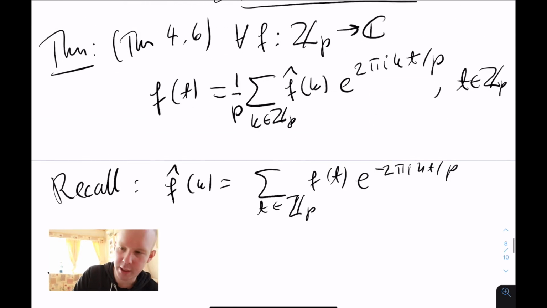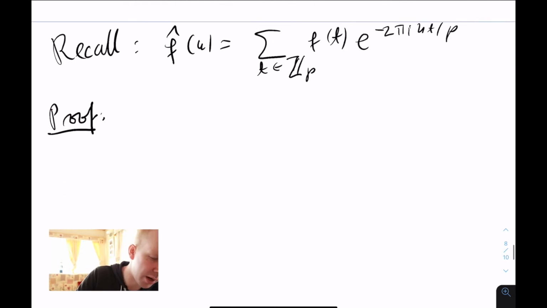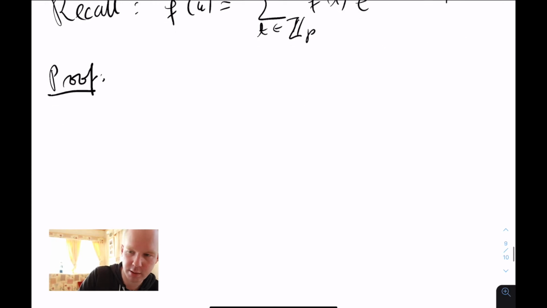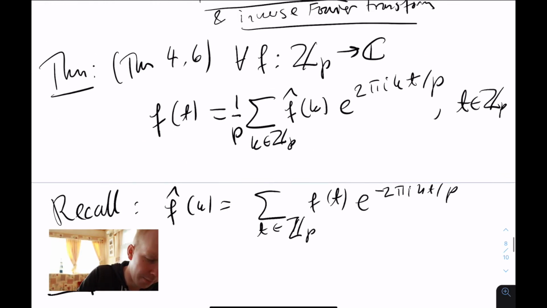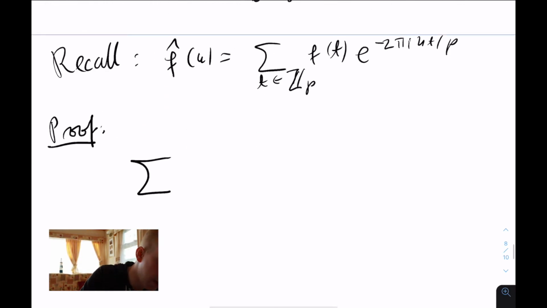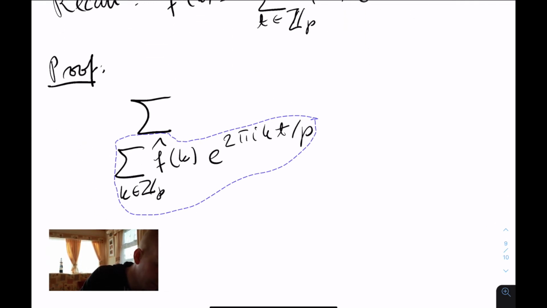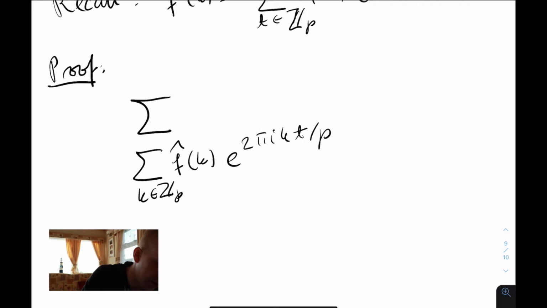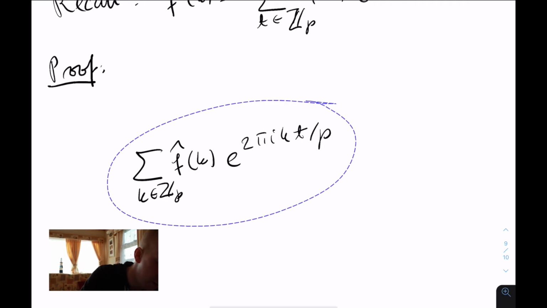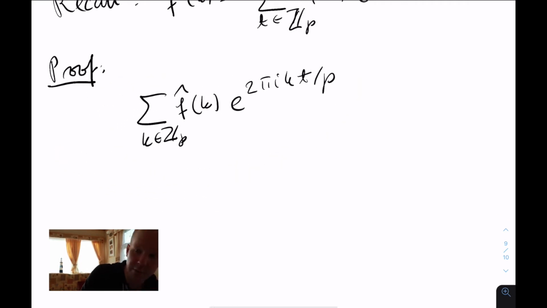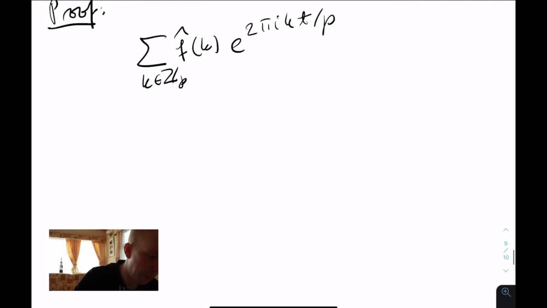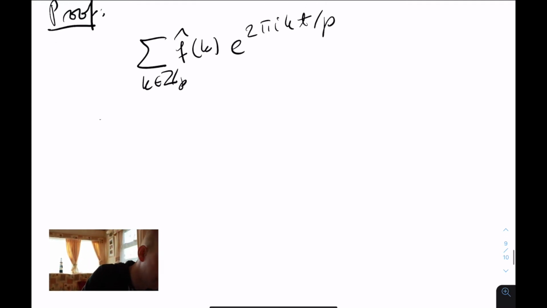So if you want to prove this, let's just use the definition. Let's take this whole expression without the 1 over p, and let's start to open this up, opening the definition of the Fourier transform.